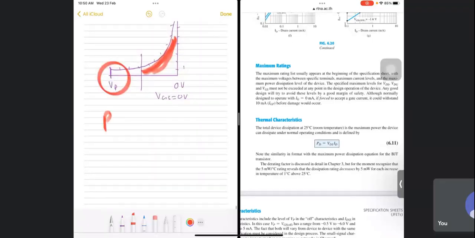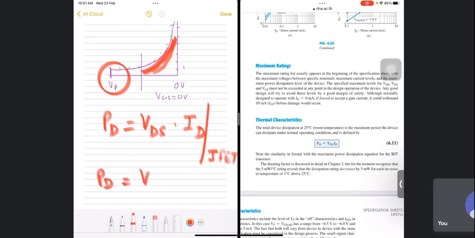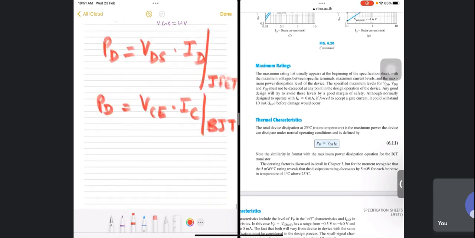Because power dissipation here is VDS into ID, that is for JFET. Or if we talk about BJT, it is VCE into IC. So these are the thermal characteristics.